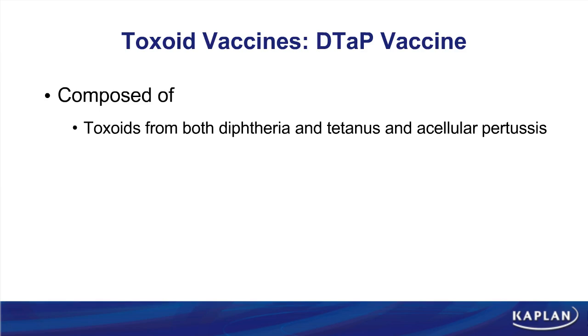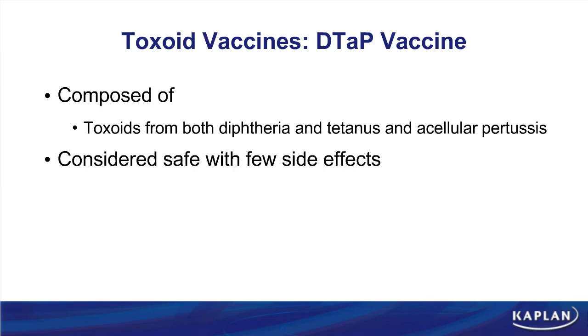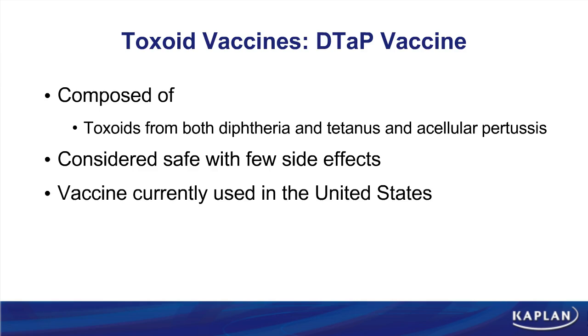Now, in the DTP vaccine, the pertussis is actually whole killed cells. And so that's going to be the difference between the DTP vaccine and the DTaP vaccine. The DTaP vaccine is considered a little bit safer with fewer side effects, and we currently pretty much exclusively use the DTaP vaccine in the US. So you'll want to pick that one.